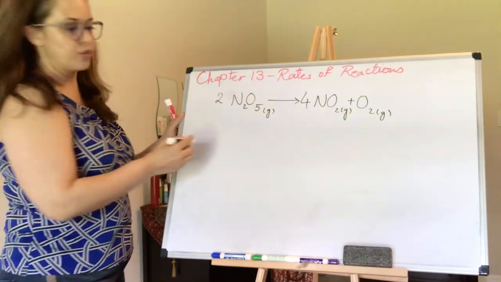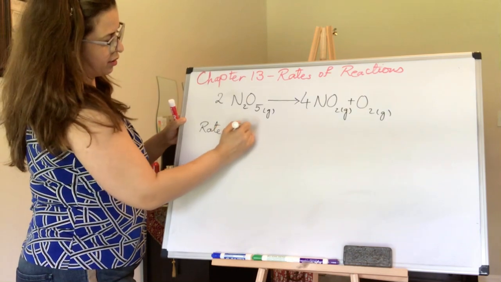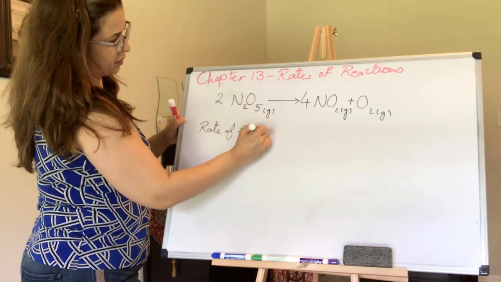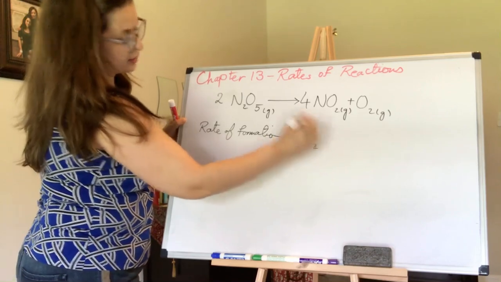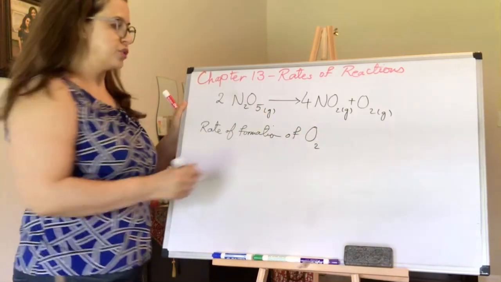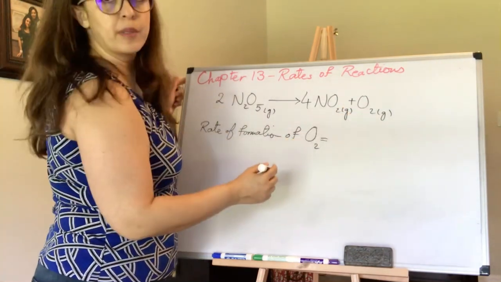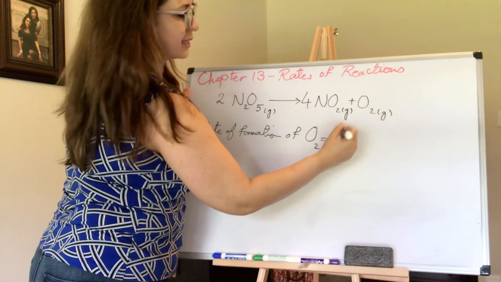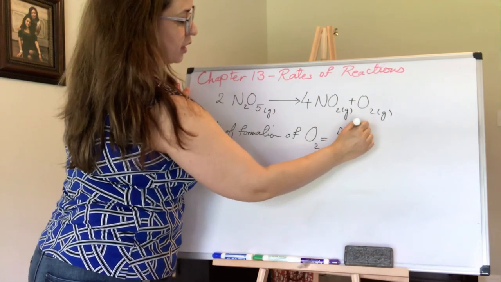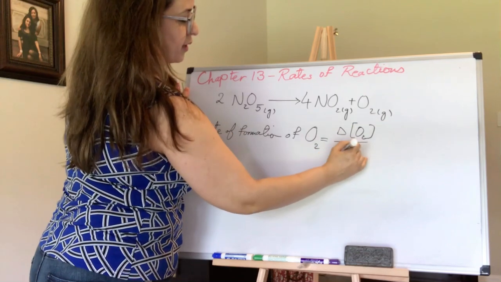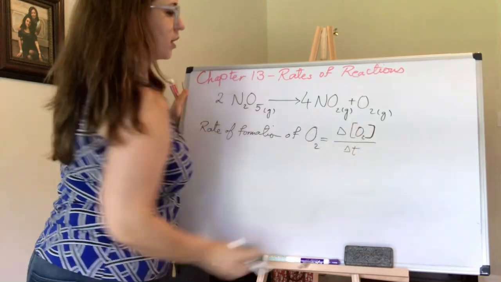So in order to write the rate of formation of oxygen, how would you write it? Oxygen is a product, so it has to increase. Let's just simply eliminate the positive sign. Delta concentration of O2 over change in time. Okay?